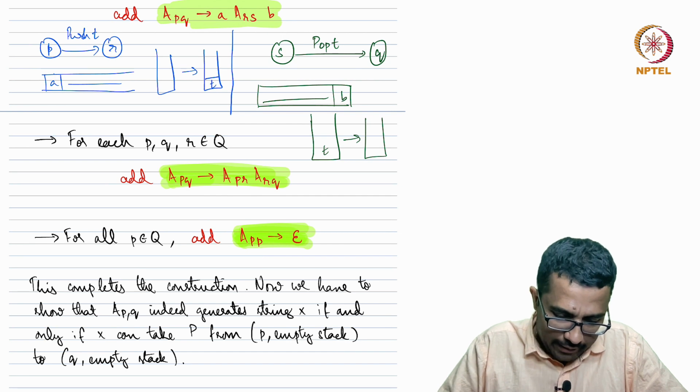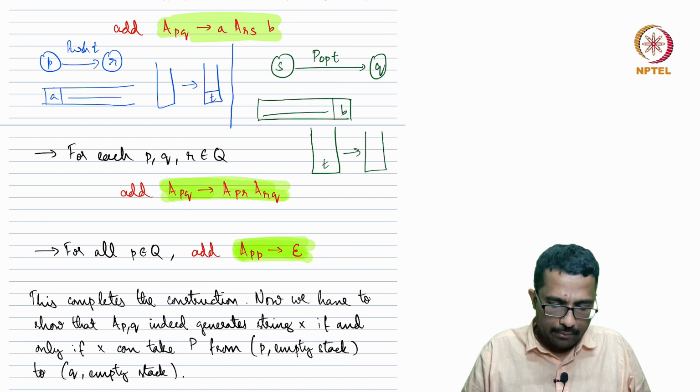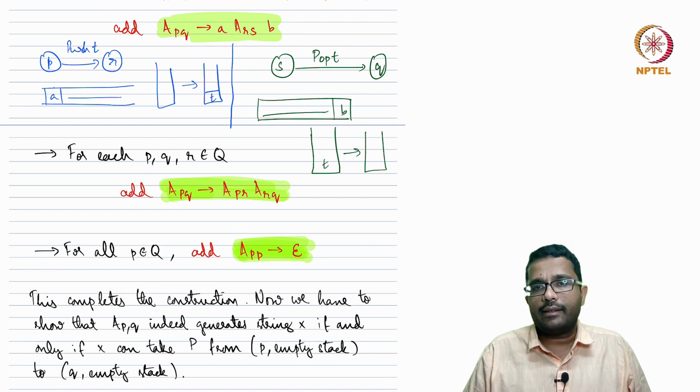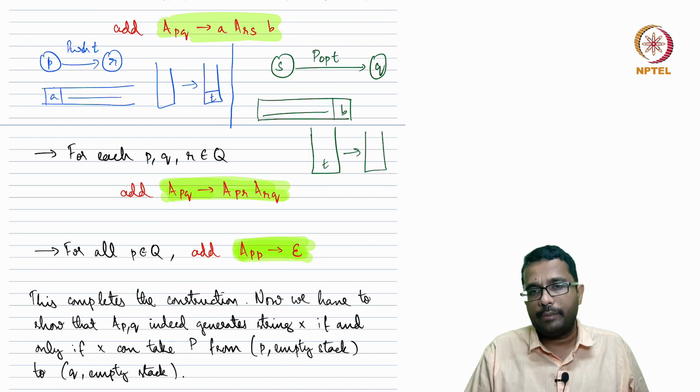So this completes the construction, but the way we have constructed it may not make it immediately clear that the grammar constructed in this manner is equivalent to the PDA, right?